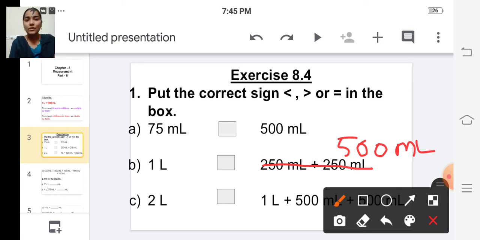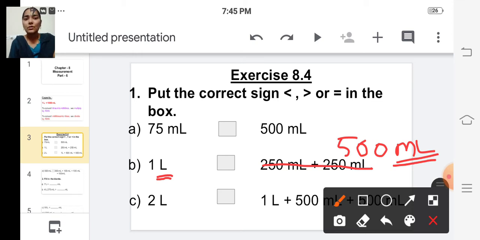Now let's check whether we can compare or not. Here the unit is liter, but here the unit is milliliter. So we have to either convert this liter into milliliter, or we have to convert this milliliter into liter, right? Because both the units should be same. Then only we can compare.